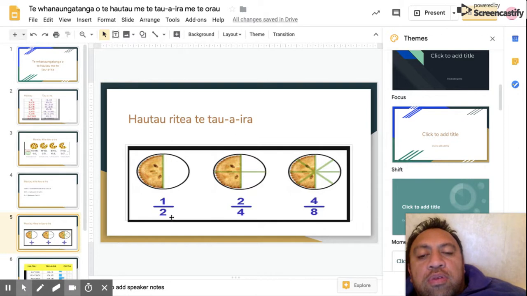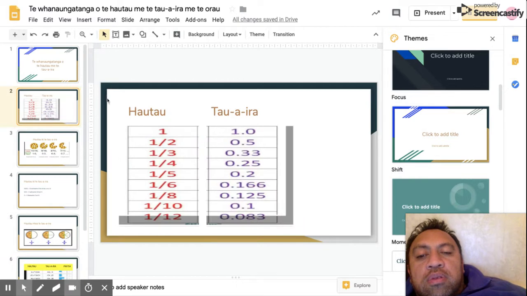And therefore, if this was one whole pie, and we've eaten half of it, then obviously there's a half left. So if this was 1.0, and we halved 1.0, we get 0.5, because that is the half of 1.0.